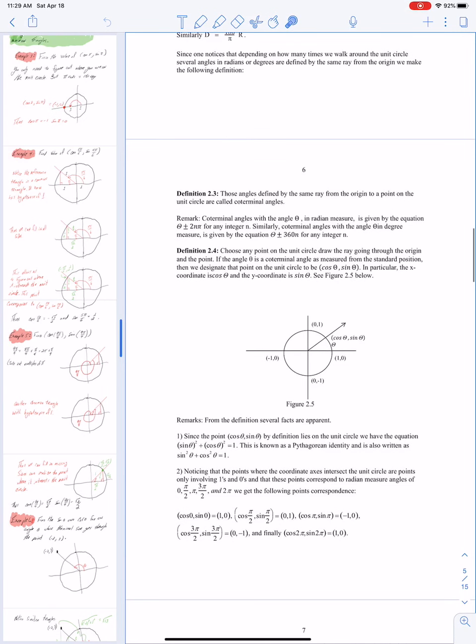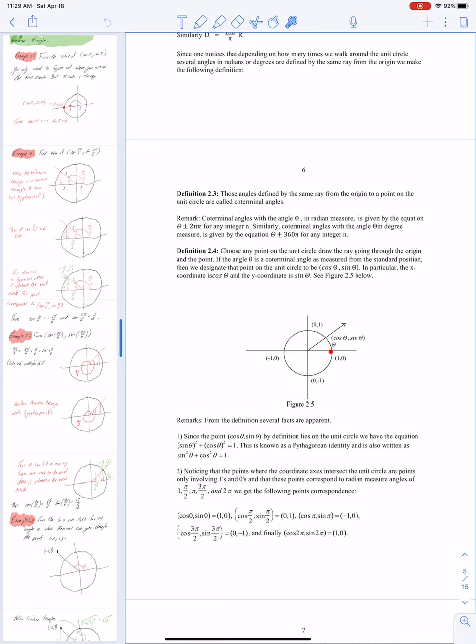All right, now I'm going to look at points. Once I know the definition of cosine and sine, they all depend on this angle theta, we can now compute values of cosine and sine. So let's look at, first off, the angle 0. That means I don't move from the initial side.